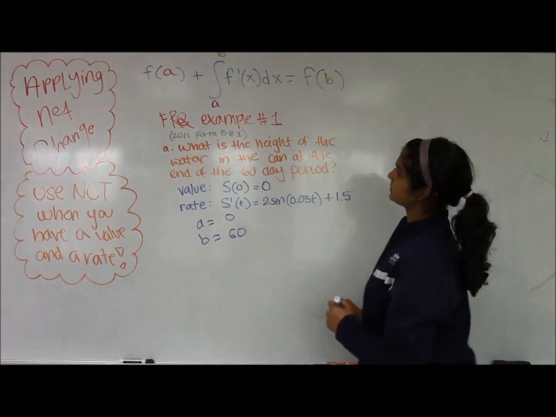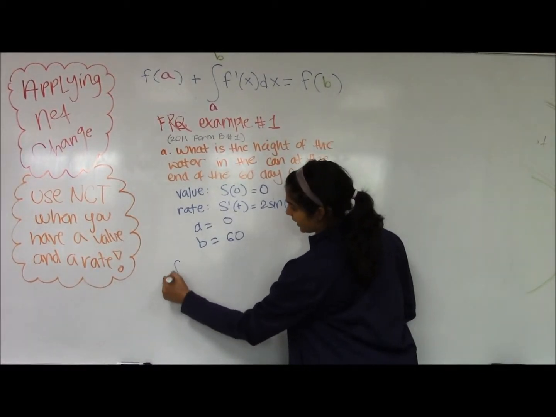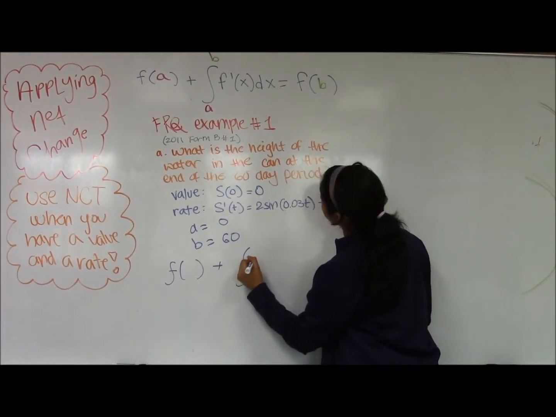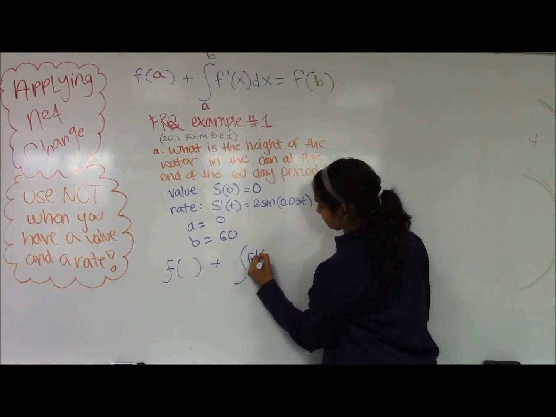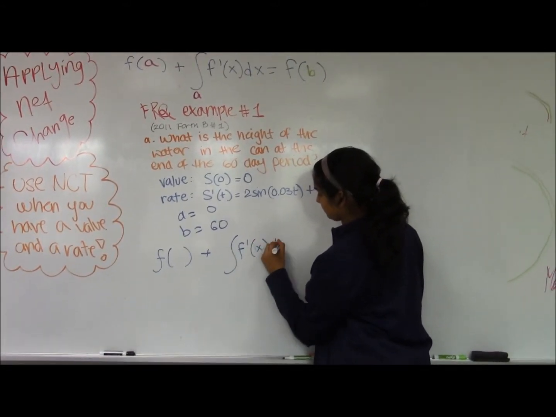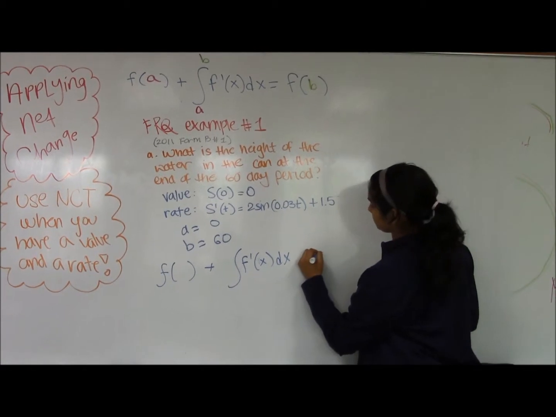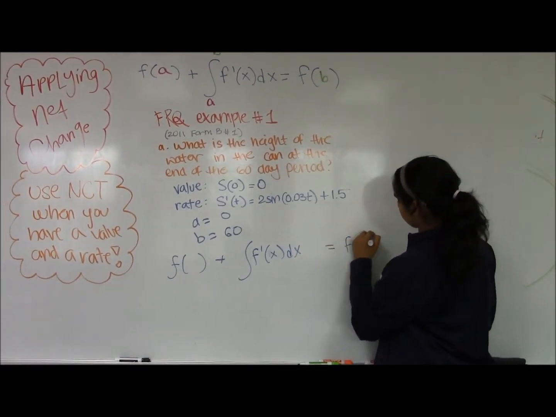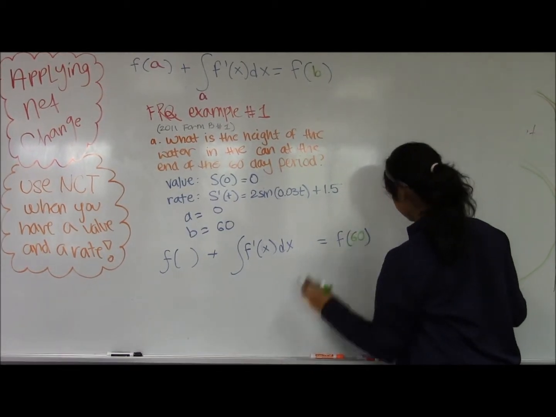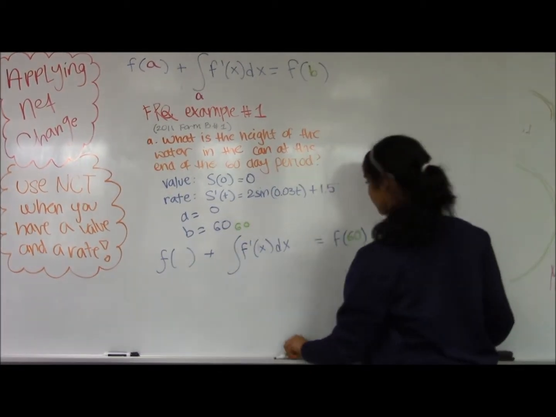And so now we can plug it into the formula. So f, and so you know that b is 60, so you just put 60 here, and that's the bound right here.